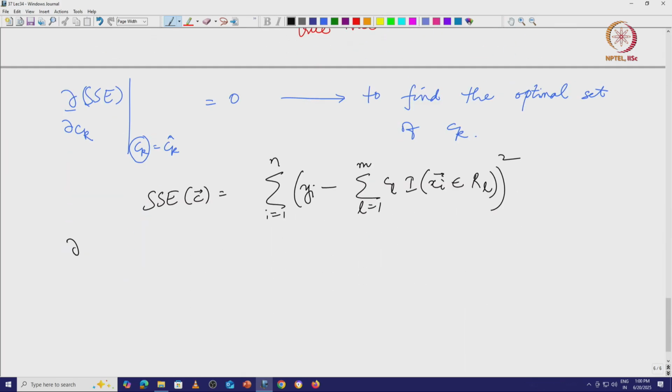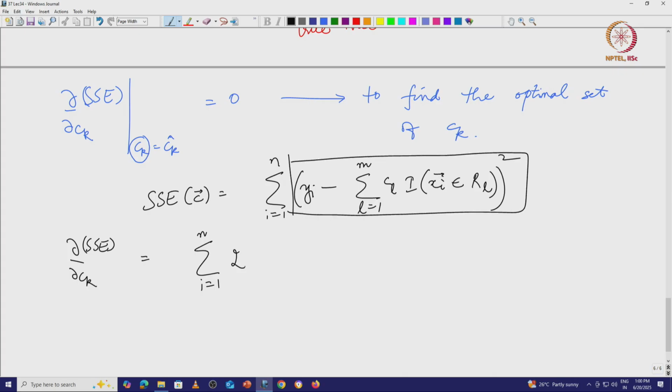Now, let us differentiate this SSE versus Ck. What you will get is you can take the derivative inside each term, right. So, the summation comes out, and then we have to apply the chain rule. First you have to differentiate this whole term.